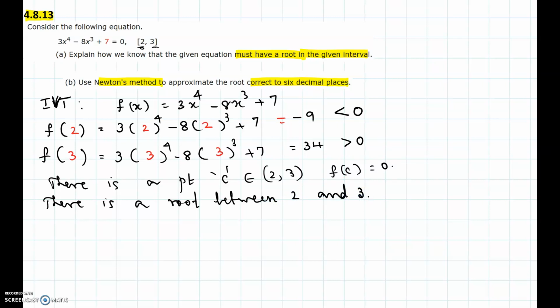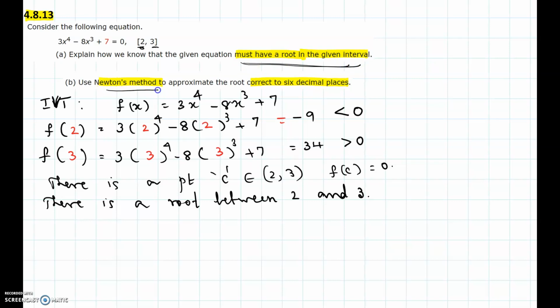So if there is a continuous function and f of a is negative and f of b is positive, or between a and b the sign changes, then the continuous function has to pass through a point at which f of c becomes 0, or in other words, it has to cross the x-axis at least at one point. So that is the root of the equation. That way we establish that there must be a root in the given interval.